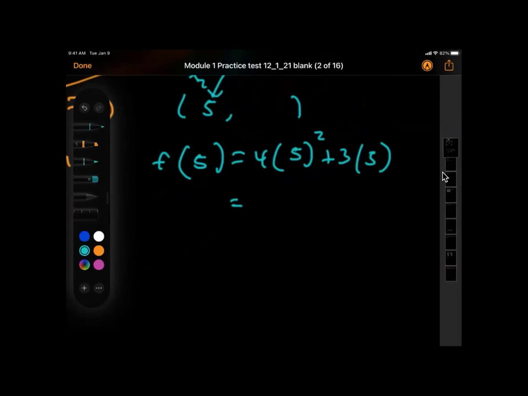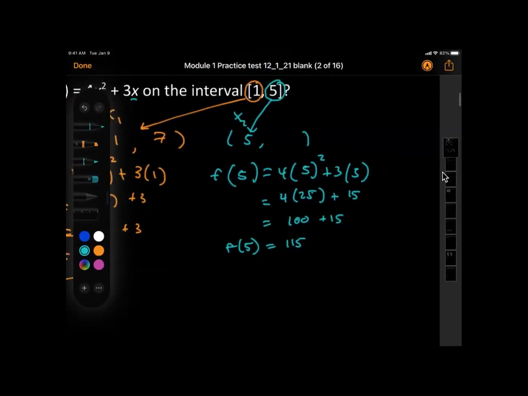Well, that's why we have order of operations, PEMDAS. PEMDAS says to do parentheses and exponents first. So this would be 4 times 5 squared. 5 squared is 5 times 5, which is 25. And this is 15. Now I can just multiply. Get 115. What does that mean? The answer is 115.